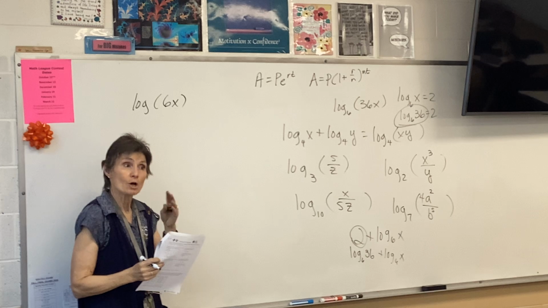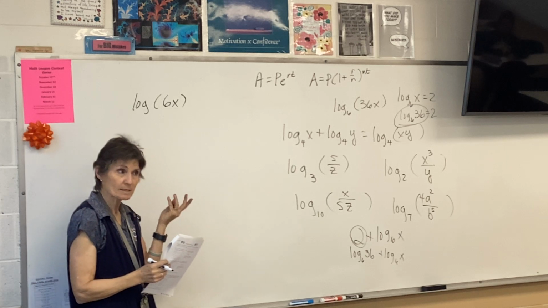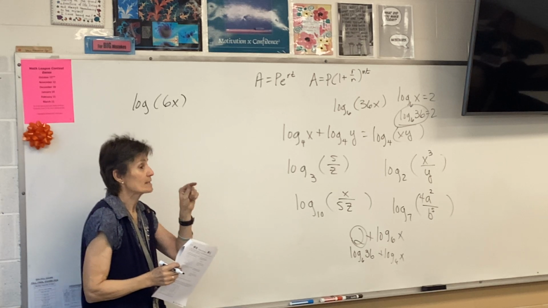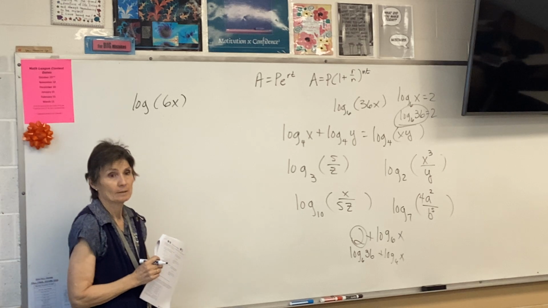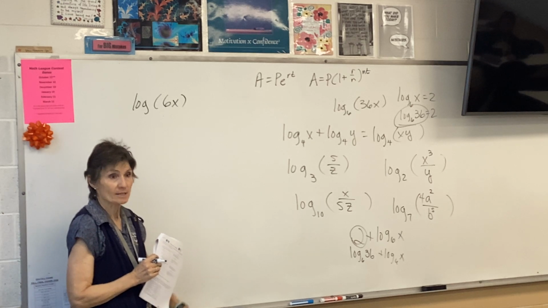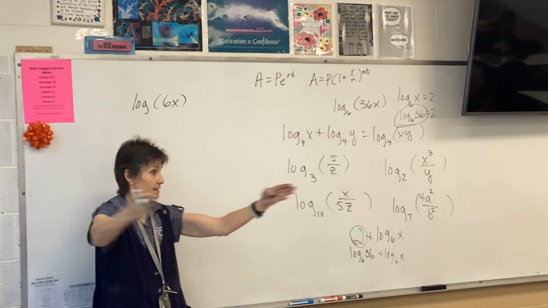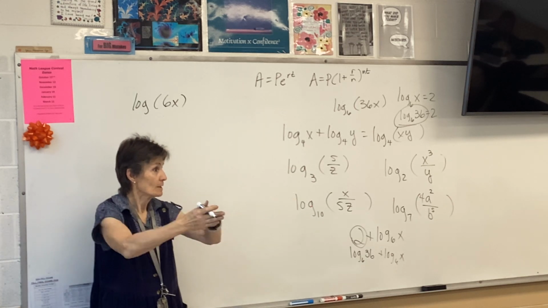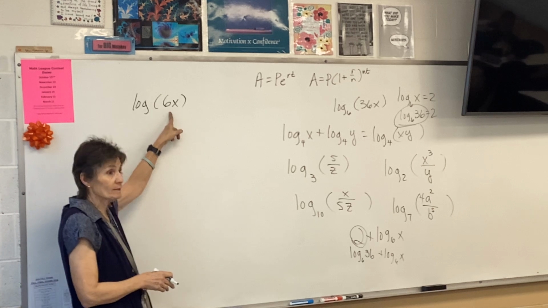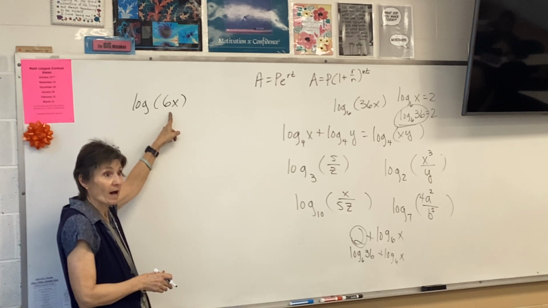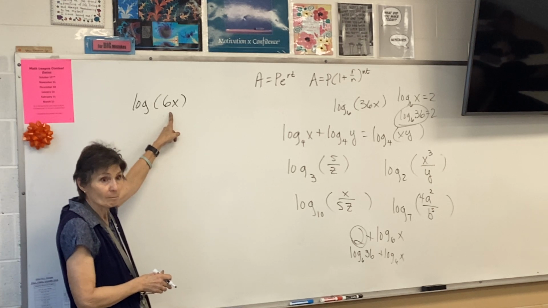Now, noticing where that 6 is, would you agree that is a horizontal dilation? Yes, because a coefficient on x impacts x this way. Now, what specifically would that do? It would divide all of your x's by 6.